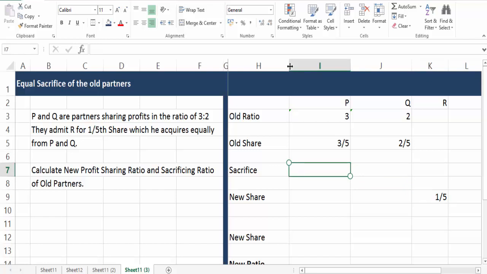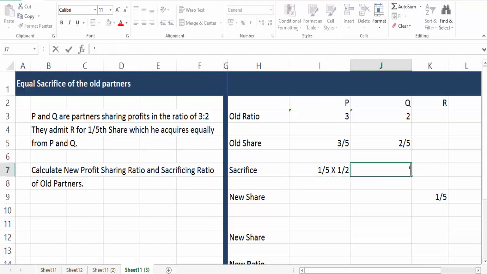How do we measure that? It's basically the new share of R multiplied by 50%, or multiplied by 1/2. What is the new share of R? It is 1/5 and that should be multiplied by 1/2. This is the sacrifice made by P.